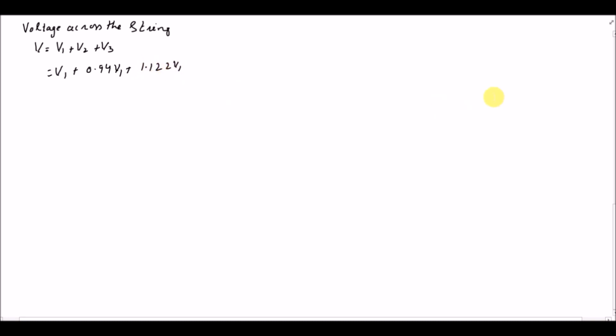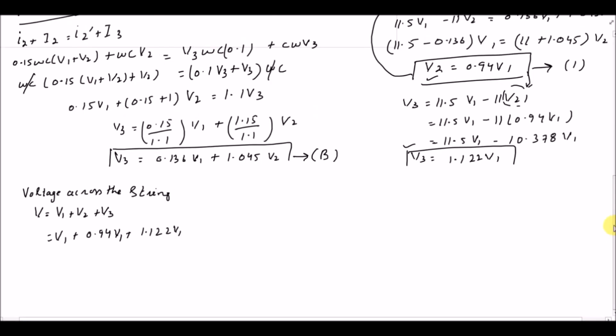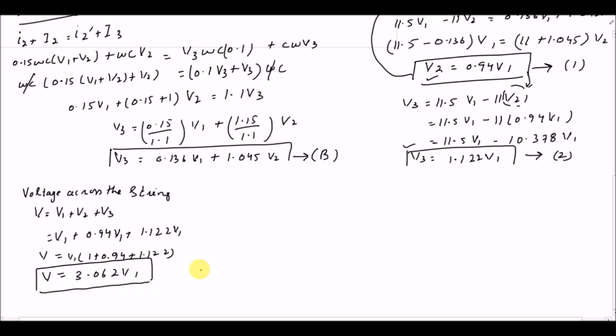So we have calculated these two in equation 1 and equation 2. So the value of V is V1 into 1 plus 0.94 plus 1.122, 3.062 V1. So this is your voltage across the string in terms of V1.